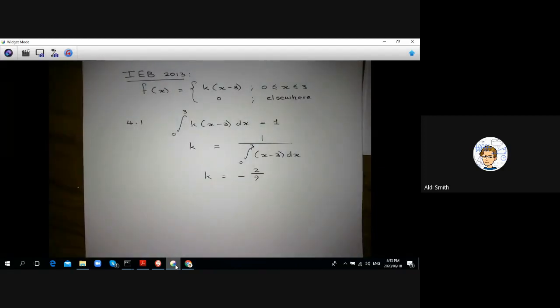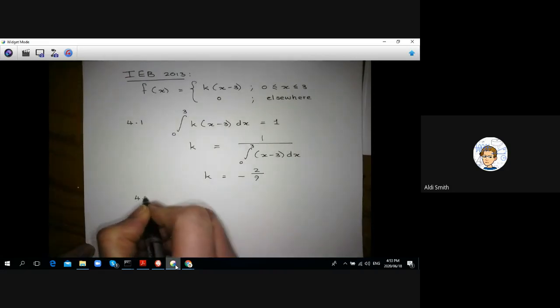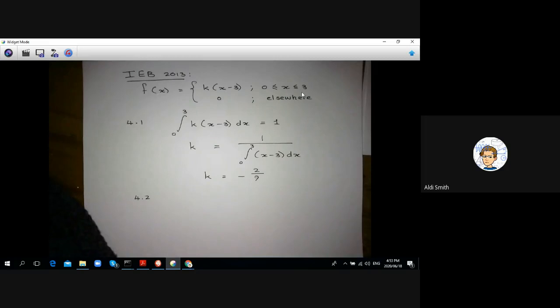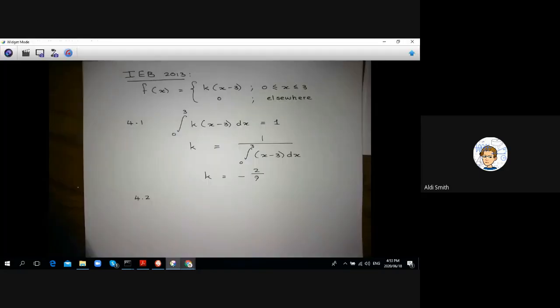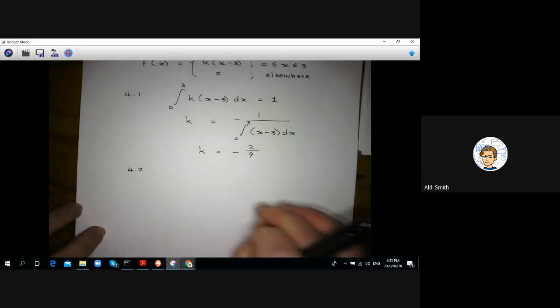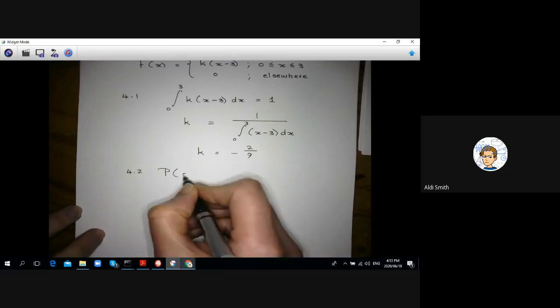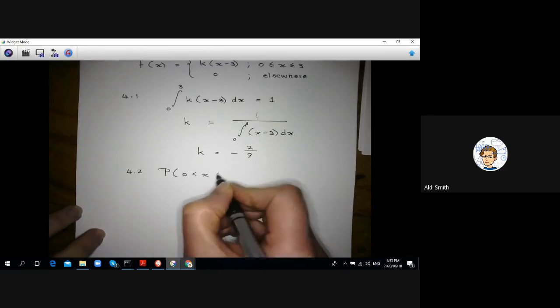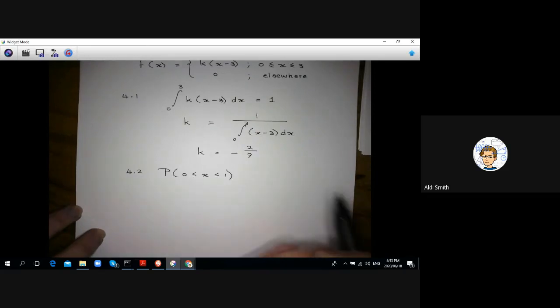Then the next one, 4.2, is to calculate the probability the missile will fall within 1 meter of the intended target. Within 1 meter just means the probability that it will fall between 0 and 1 meters, so the probability that X will lie between 0 and 1. By the way, you can put equal to or not equal to, that really doesn't matter.